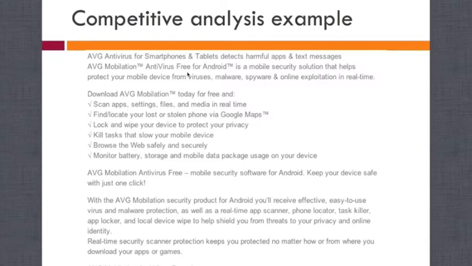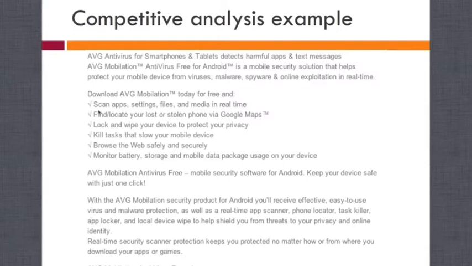They include it in the first few sentences, one, 2 times. They include protect your mobile device from viruses, malware, spyware, online exploitation. So if you're working for Lookout, you look at this online exploitation phrase and you go, huh, I wonder if that is a key phrase that people search for. Maybe we're going to try that. And you can go through these descriptions and get pretty good ideas of what they're targeting with their App Store optimization.